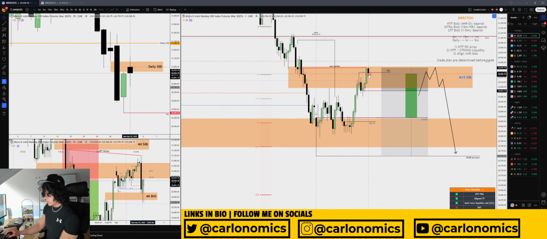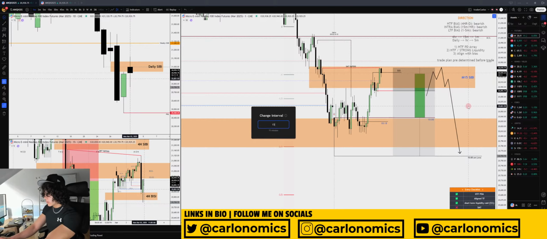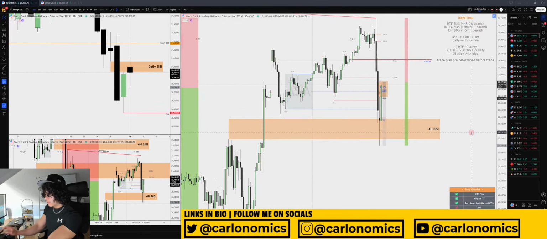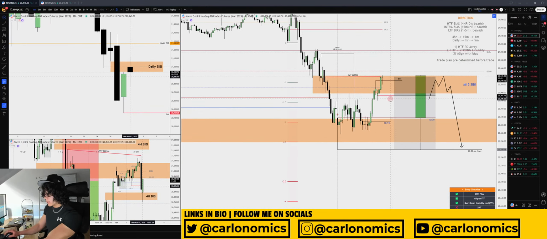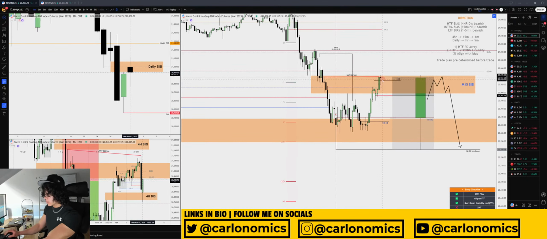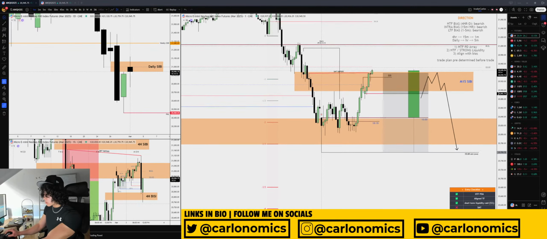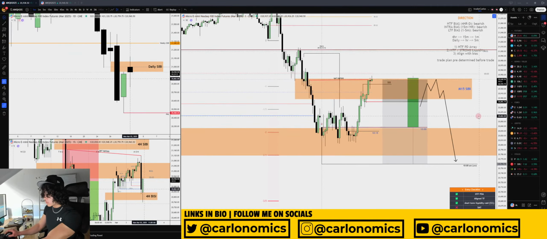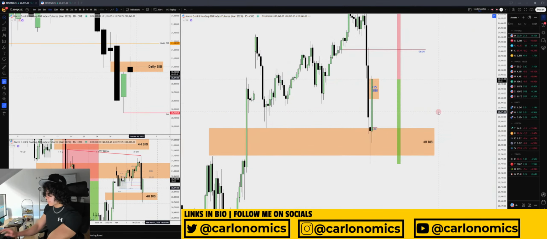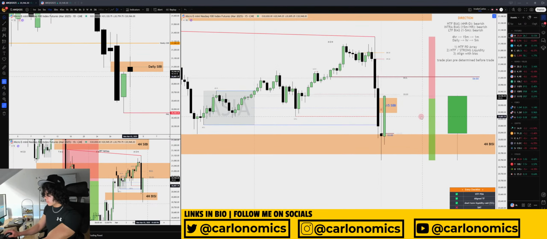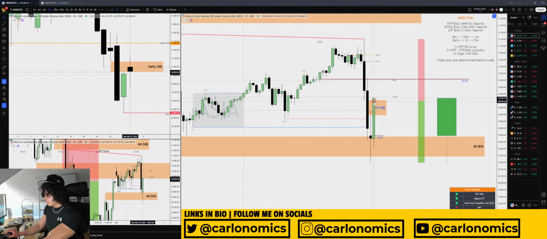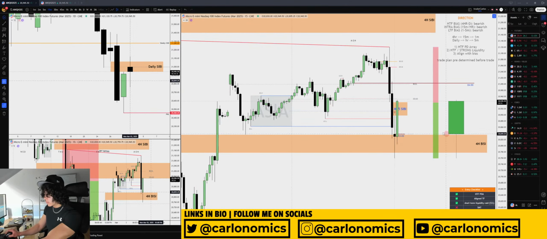All right, so we have that short-term liquidity raid inside this 15-minute gap. We're going to see if we want to respect this 15-minute gap or continue going higher. One way to find out if we're going to respect it is if we get that change in state of delivery, so this last up-close candle. If we do close above this 15-minute gap, we're likely going to disrespect it because we are trading off from this 4-hour imbalance as well.